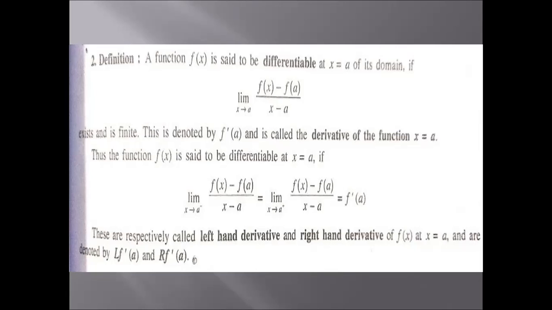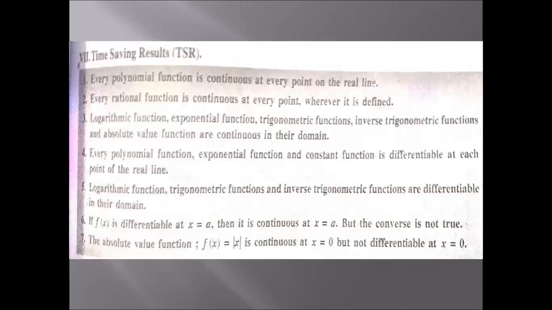Therefore, the function f(x) is said to be differentiable at x = a if the limit as x tends to a from the left of (f(x) - f(a))/(x - a) is equal to the limit as x tends to a from the right of (f(x) - f(a))/(x - a), which is equal to f'(a). These are respectively called the left-hand derivative and right-hand derivative of f(x) at x = a and are denoted by Lf'(a) and Rf'(a).